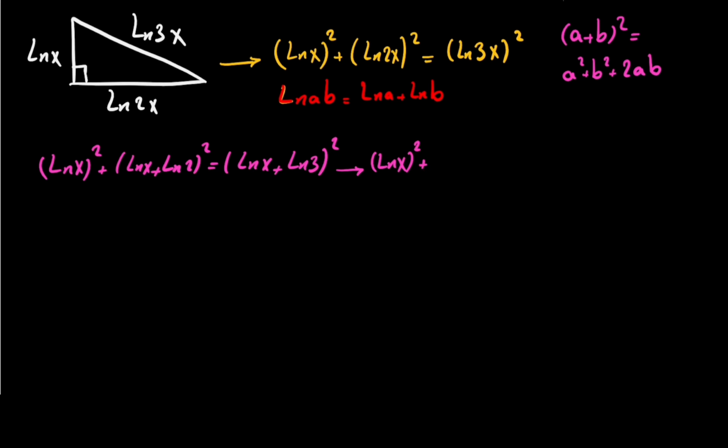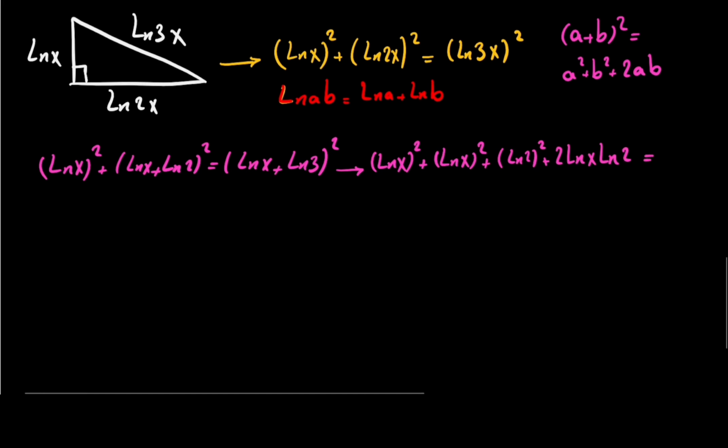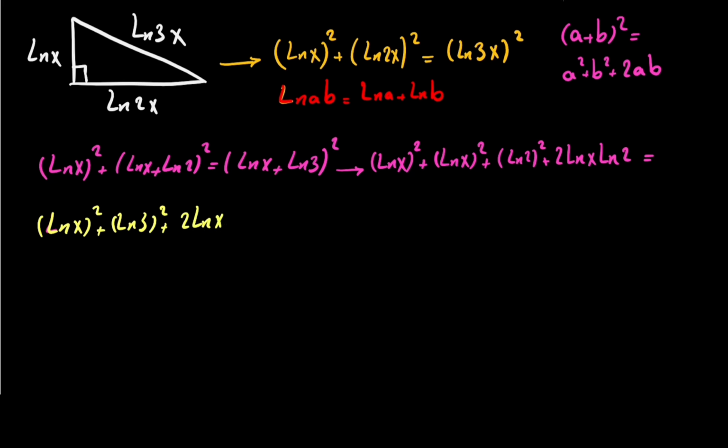So here on the left side, again (ln x)² plus (ln x)² plus (ln 2)² plus 2 times ln x times ln 2, right? On the right side, we can write (ln x)² plus (ln 3)² plus 2 times ln x times ln 3.